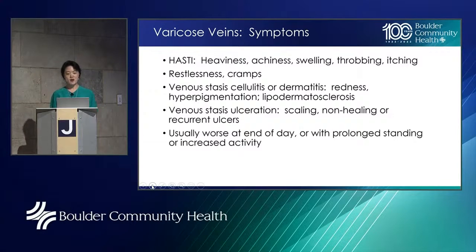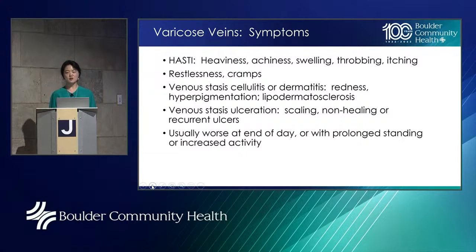As we progress from heaviness and achiness and swelling and throbbing, eventually some patients develop cellulitis. Their skin becomes brown first in discoloration, then sometimes black and purple, very hard to touch, meaning it's no longer pliable.